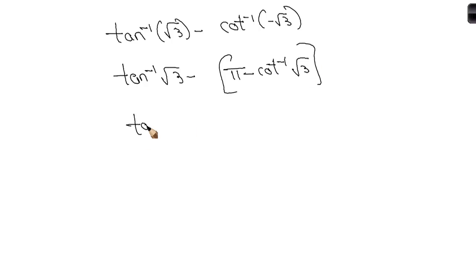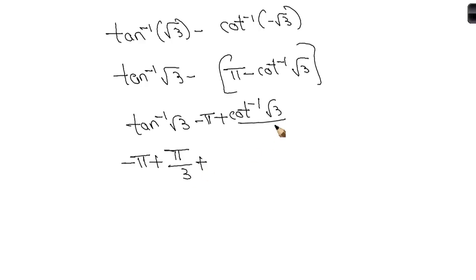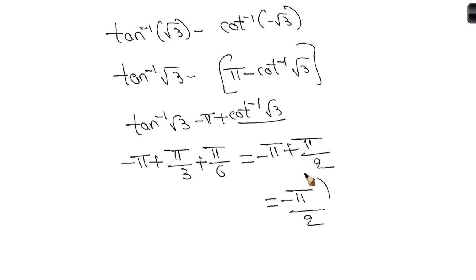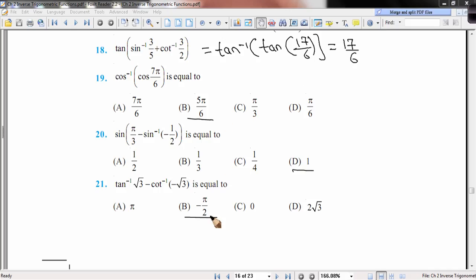So this is tan inverse of root 3 minus pi plus cot inverse of root 3. So this can be written as minus pi plus tan inverse of root 3, which is pi by 3, plus cot inverse of root 3, which is pi by 6. So minus pi plus pi by 3 plus pi by 6 is pi by 2, and minus pi plus pi by 2 is minus pi upon 2. This should be the answer, which is option D.